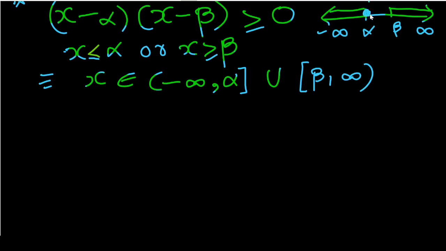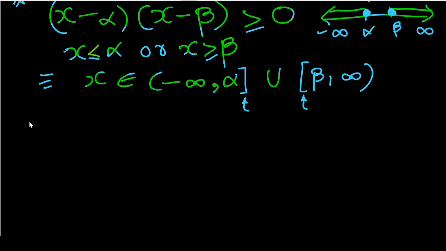Here a dark circle will be put at alpha and beta, and as you can note here, we replace the open bracket by the closed bracket, so minus infinity to alpha included, union beta comma infinity, guys. So that way we can do it.